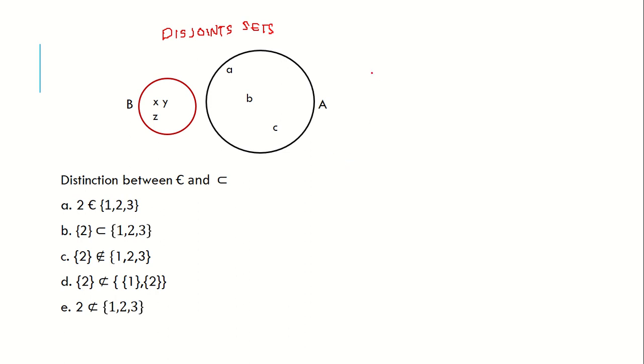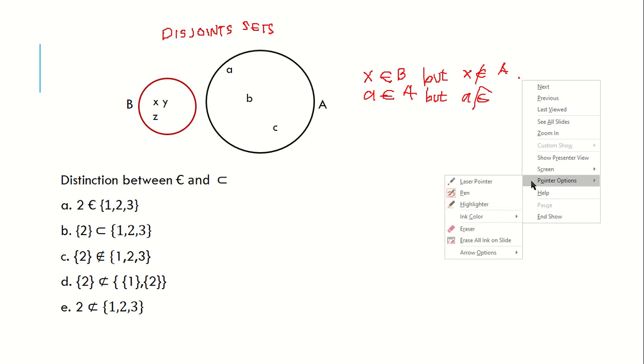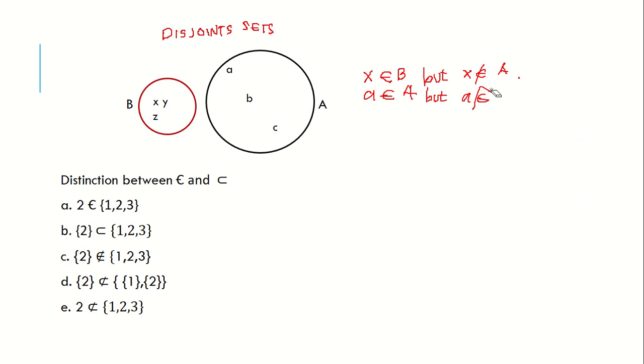So here, X is an element of B but X is not an element of A. A is an element of A, but A is not an element of B. So these sets are totally disjoint.